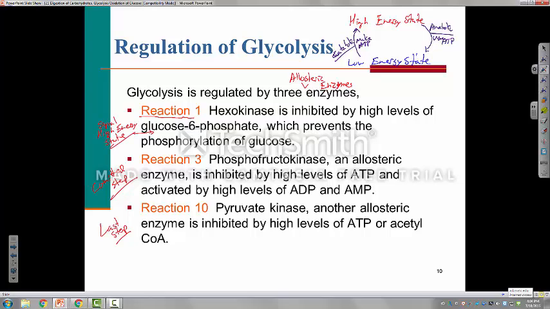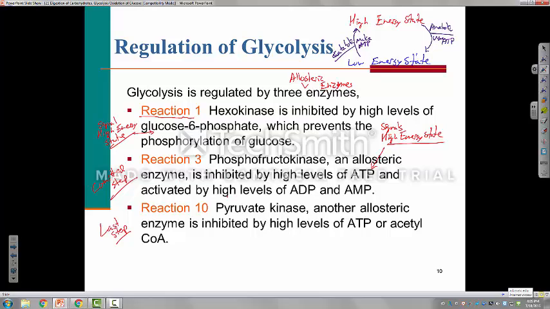of the cell. For reaction number 3, this is inhibited by high levels of ATP. Well, again, if we have high levels of ATP, this signals a high energy charge of the cell. Signals a high energy state of the cell. And if we have high levels, we don't need to make more, so it's going to be inhibited, this third step of glycolysis.